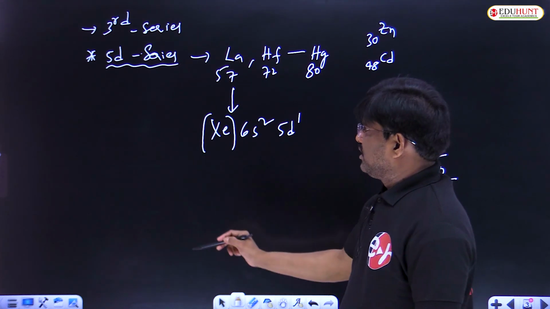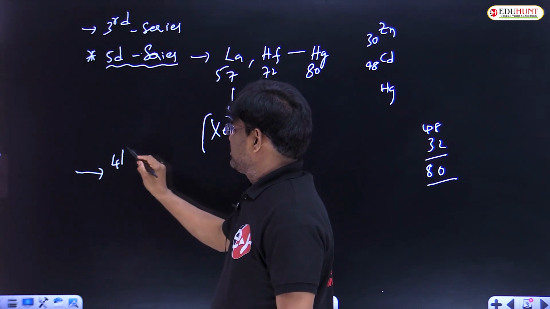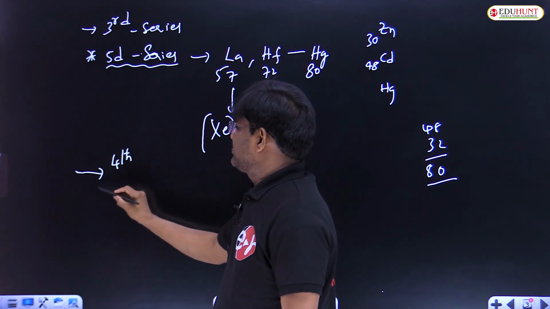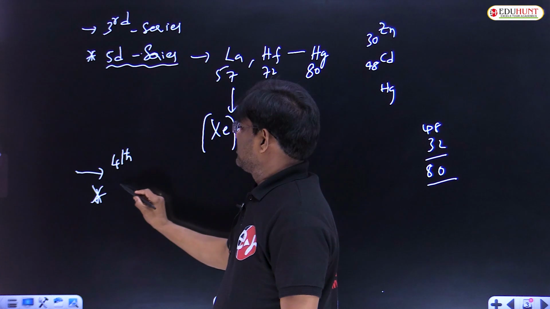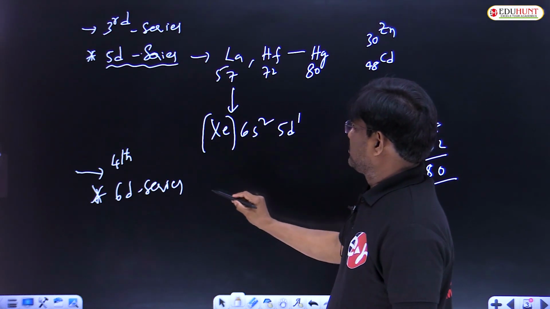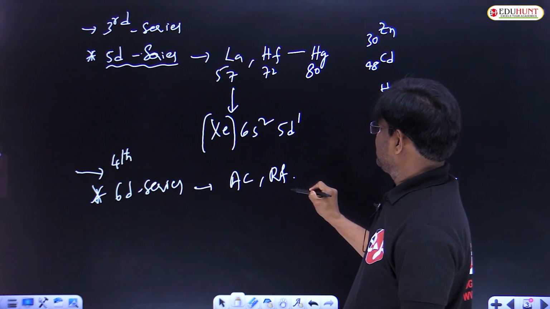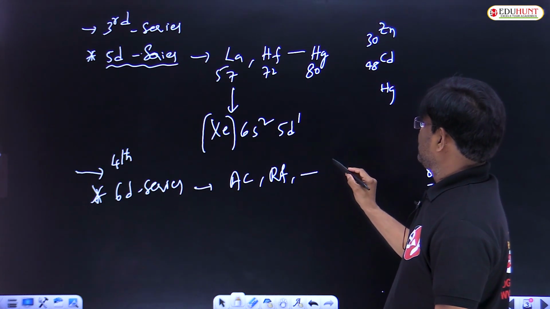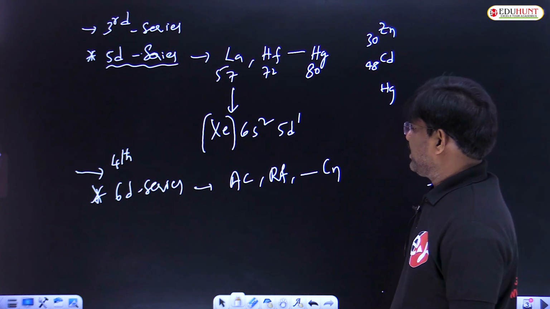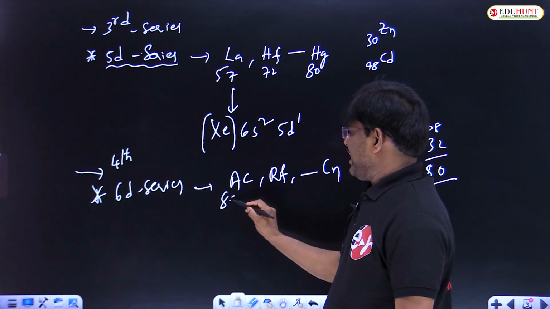The fourth series is the 6d series. It starts with actinium, rutherfordium up to copernicium. This is 89.